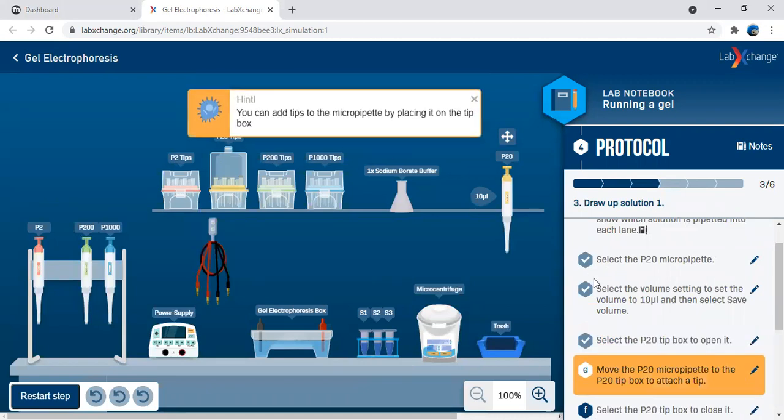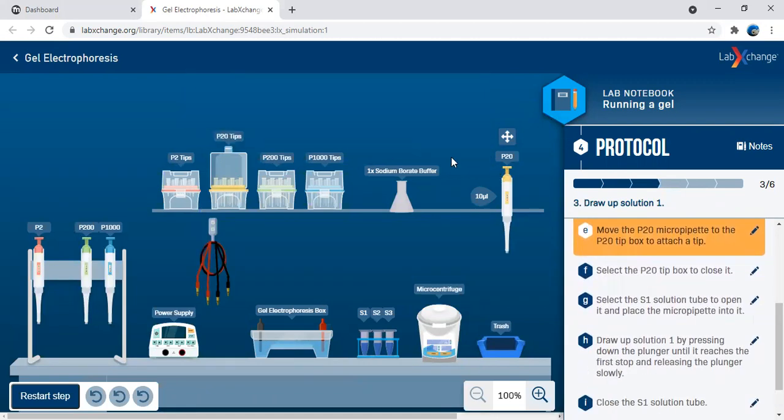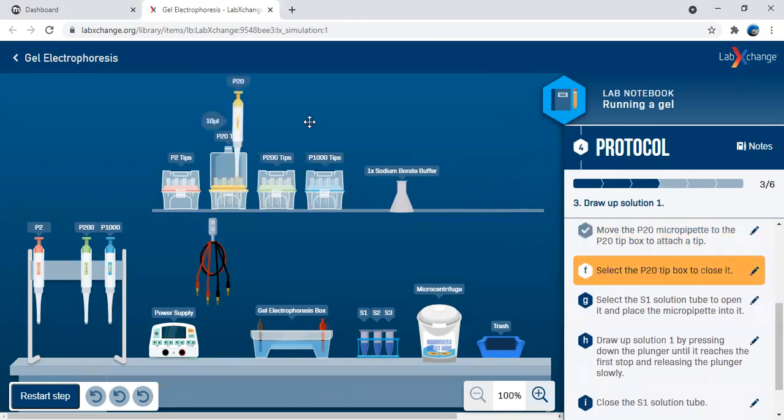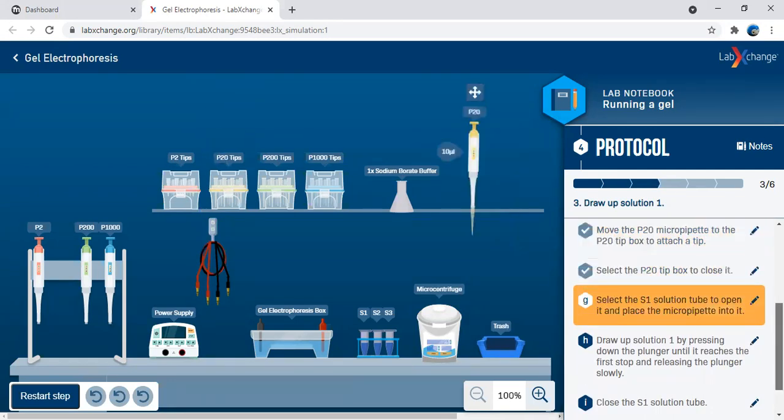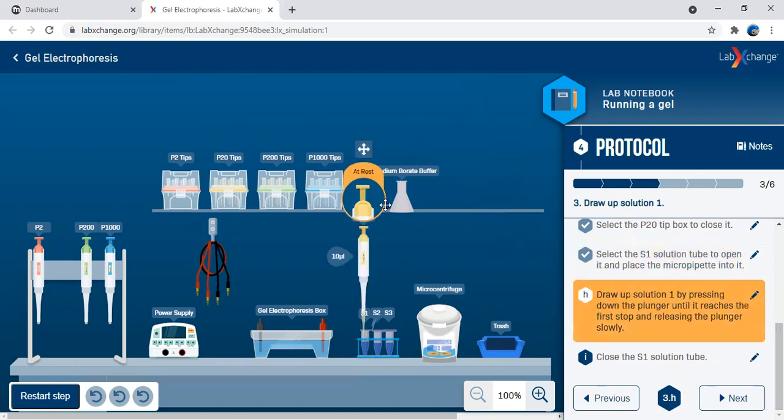Let's open the P20 box. Select the S1 solution to open it and place the micropipette tip. Draw up solution one.